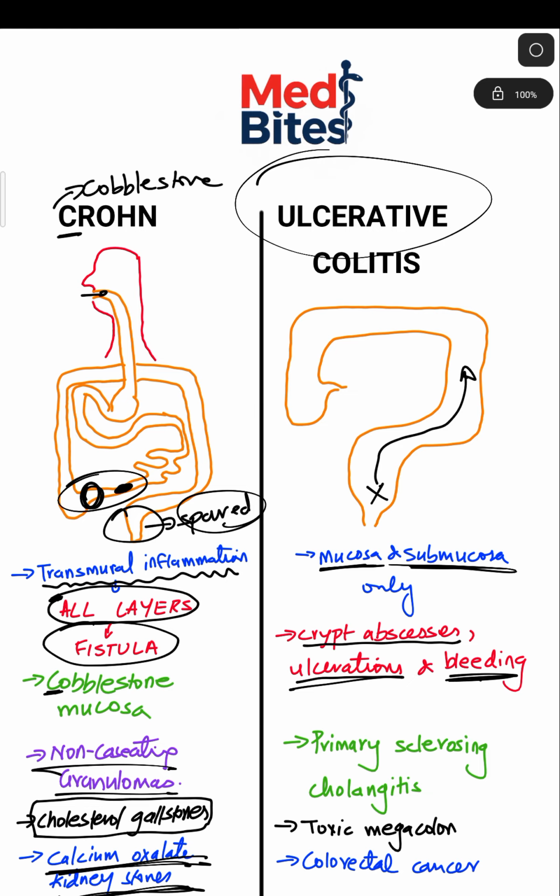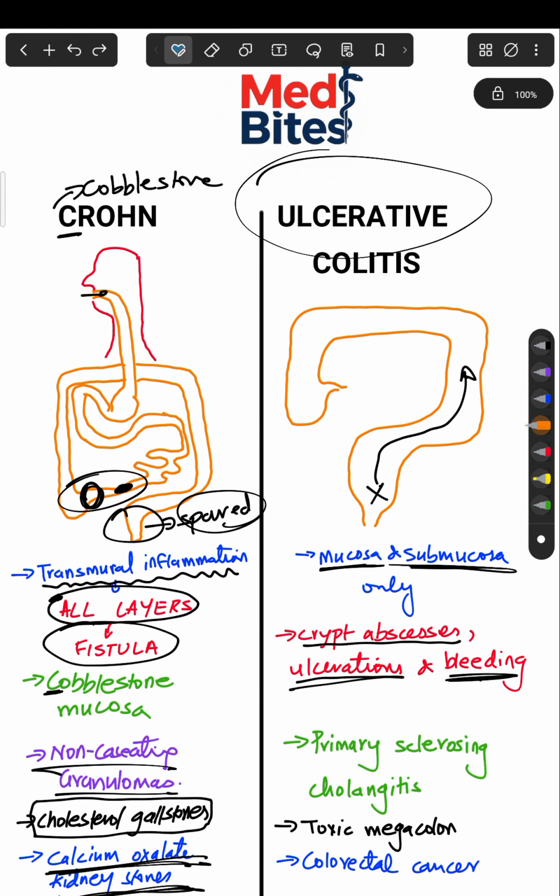And on imaging, you see that the haustra that's normally present in the colon is going to be lost. So what's going to happen is you get a smooth colon, which is classified as the lead pipe appearance. Important to know that lead pipe appearance.